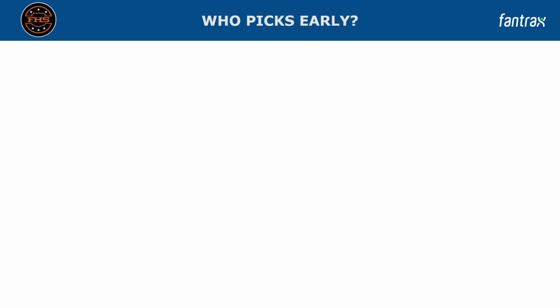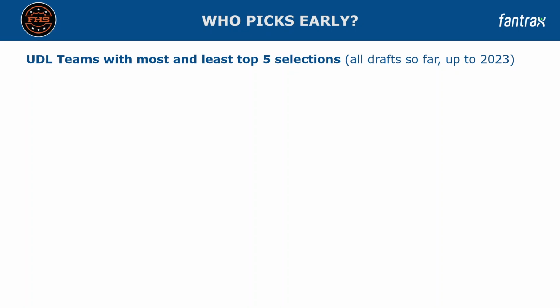So deviating from the big picture to look at the teams that actually pick early in our league. The Blazers have had the most top five selections so far, up to the 2023 draft. Mighty Camels are second with 6 selections.